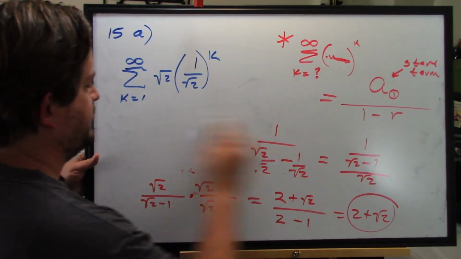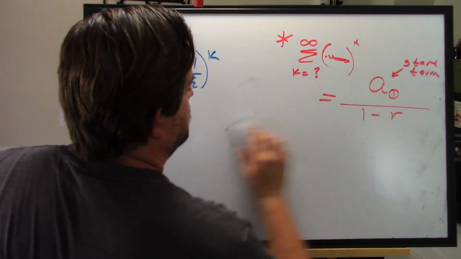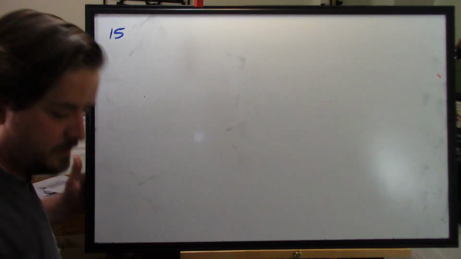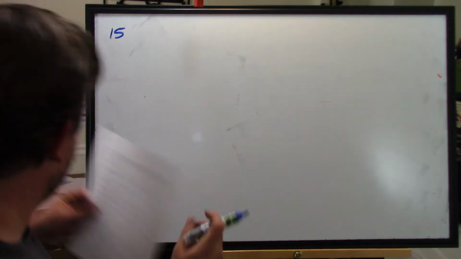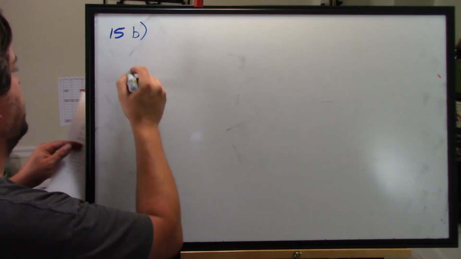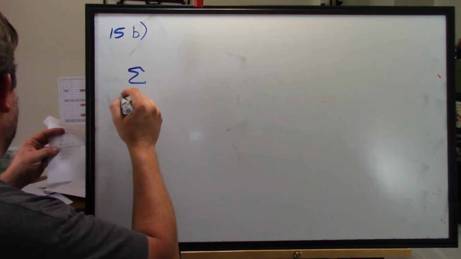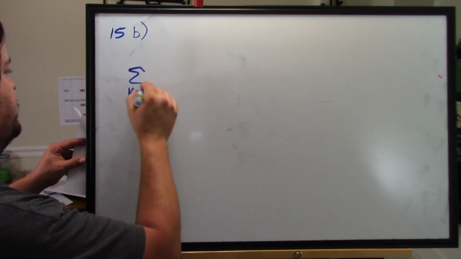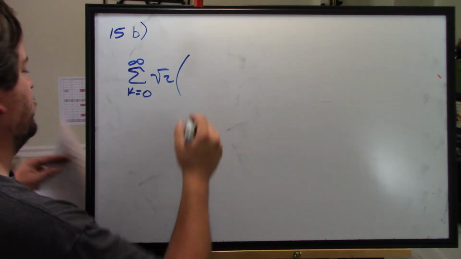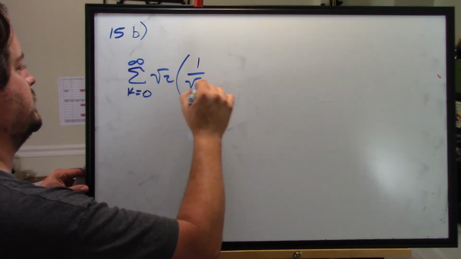Let's look at B. B says something close. It's the sum, now we're starting at 0 to infinity, of root 2 times 1 over root 2 to the k.